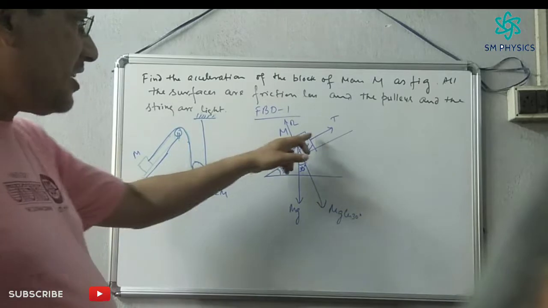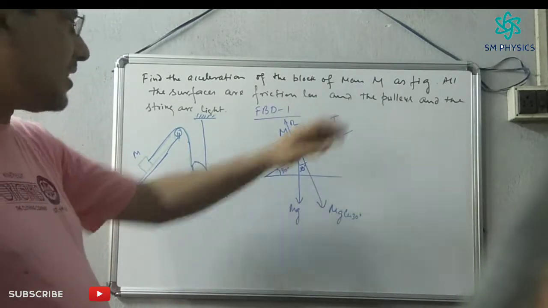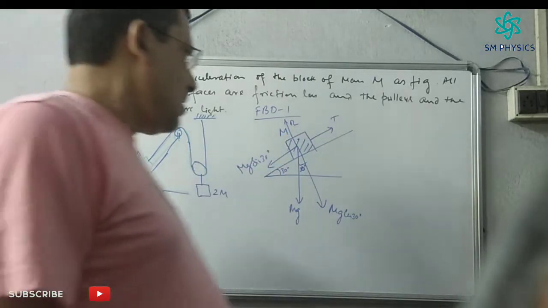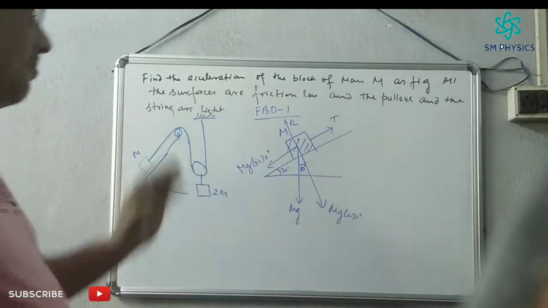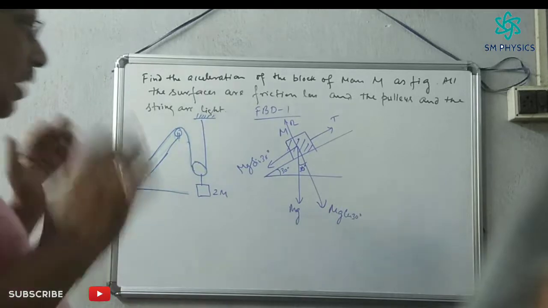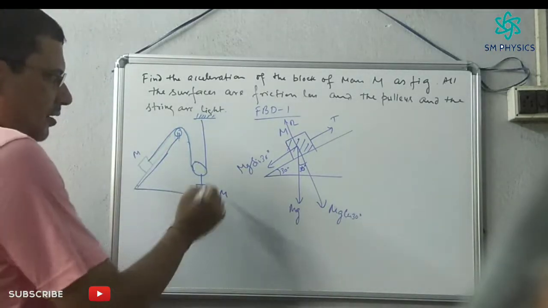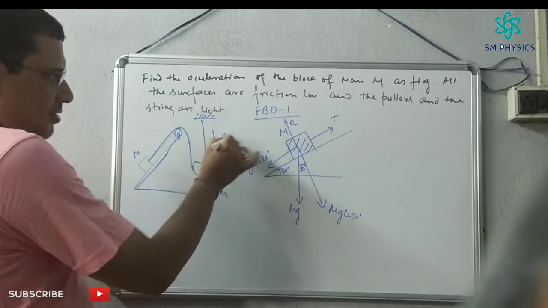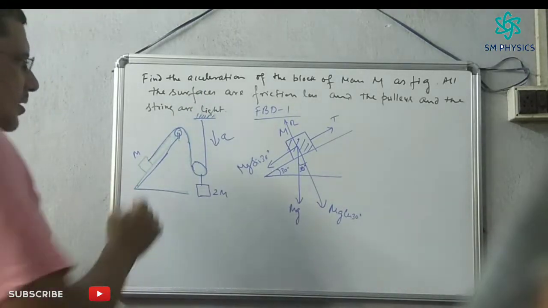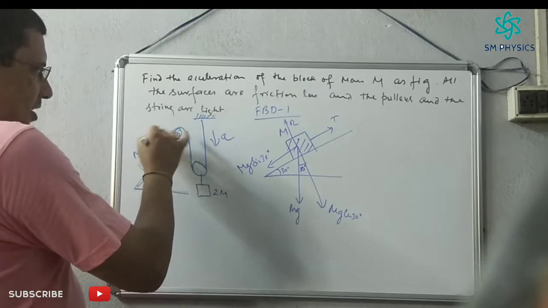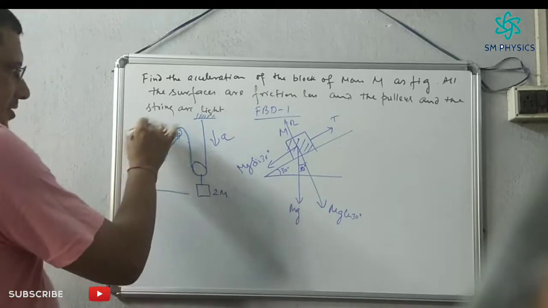And the string tension is acting in the upward direction. So this one is FBD 1, that is free body diagram 1. Now let the acceleration of this block be in the upward direction, that is a.